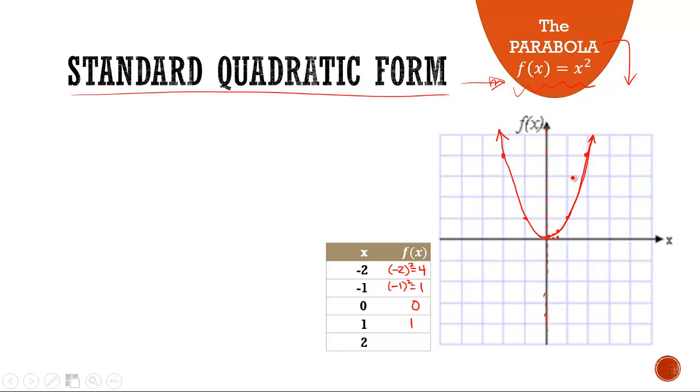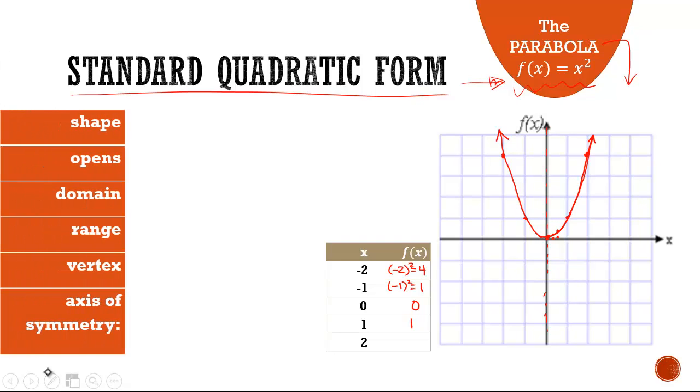So let's talk about some of the properties of quadratic functions and therefore the properties of the parabola. The shape is a U-shape. So the shape is a parabola. It opens up. The domain is all real numbers.